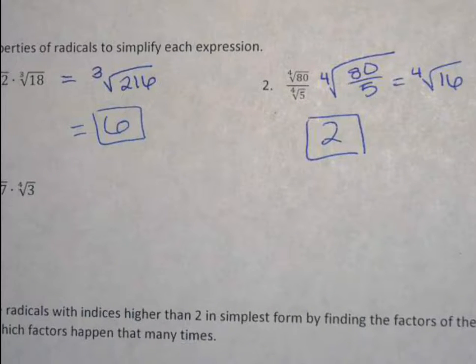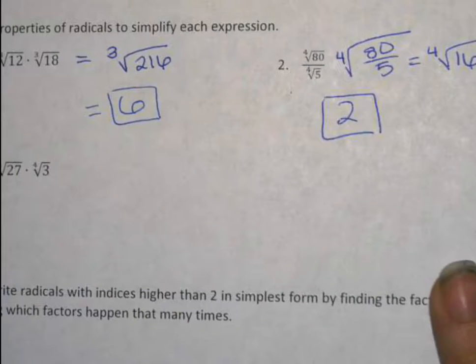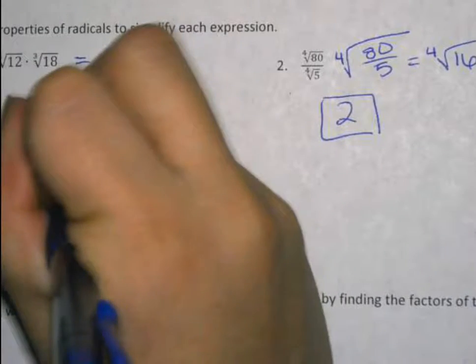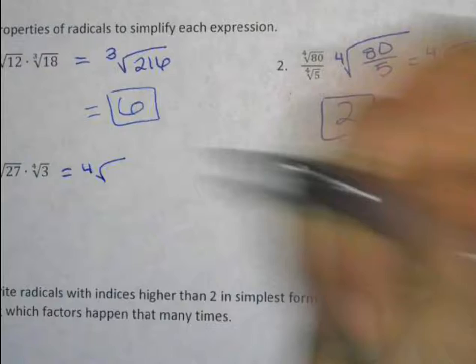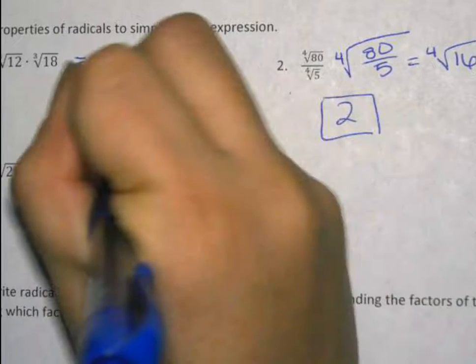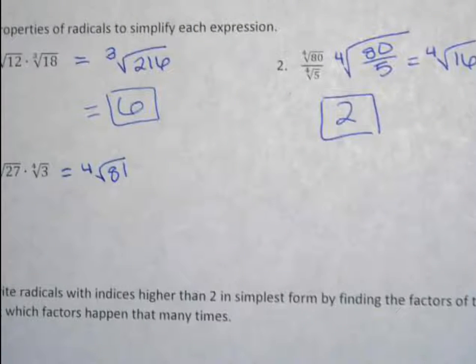Number 3, that's off the screen. Number 3, I'm going to do 27 times 3, which is 81. And the fourth root of 81?